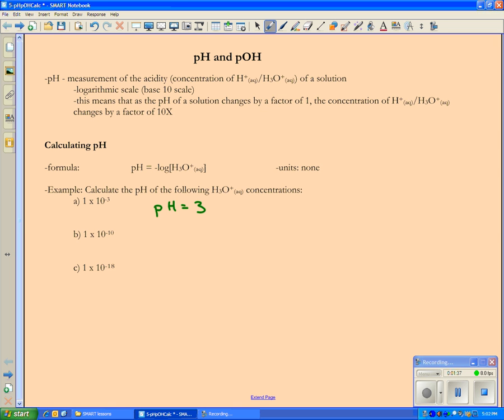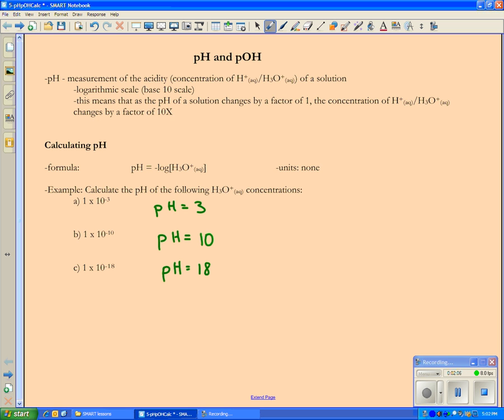Don't forget about that negative part in the calculation. The second one, 1 times 10 to the minus 10, again in moles per liter, when you put it into the formula and calculate, will give you a pH equal to 10. And the third one, 1 times 10 to the minus 18, will give you a pH equal to 18.